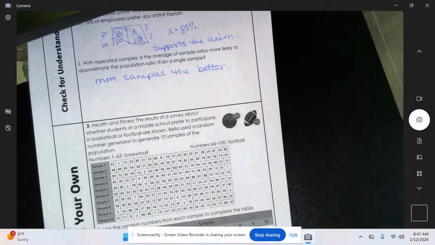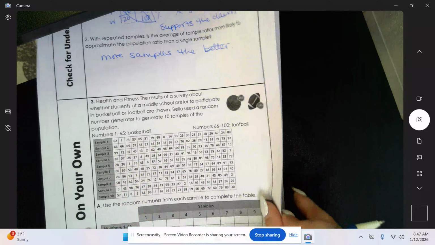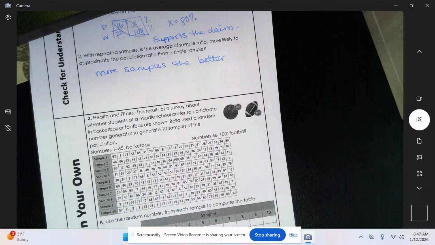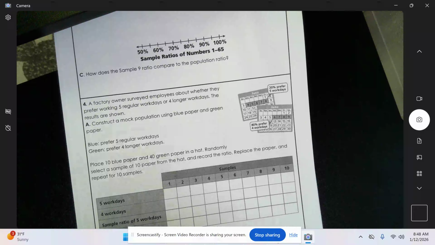So what you got for homework tonight is the on your own section. So you've got this, and this. Now, you're not going to put this into peer assessment because when you get to number 4, all your answers are going to be different because you're all going to get different samples.